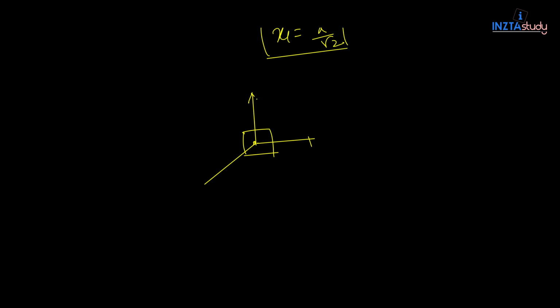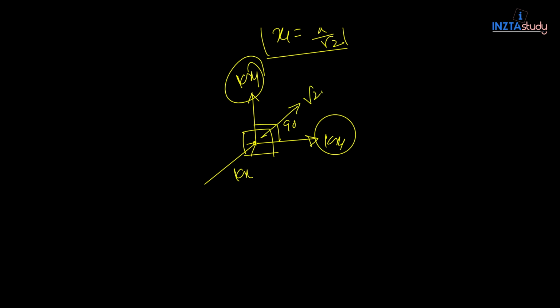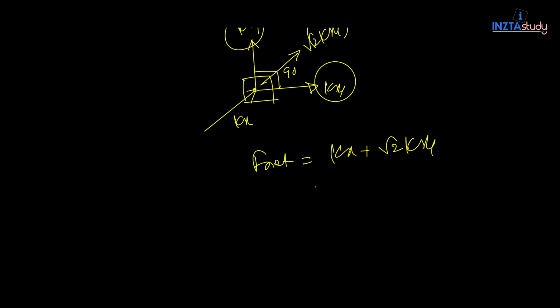So this force is kx1, this force is kx1, this angle is 90 degrees, and this force is kx. So the resultant of these kx1 forces is root 2 kx1 in this direction. So F net, or restoring force, is equal to kx plus root 2 kx1. So it is going to be kx plus root 2 times kx1, where x1 is x by root 2. So here we will have 2kx.